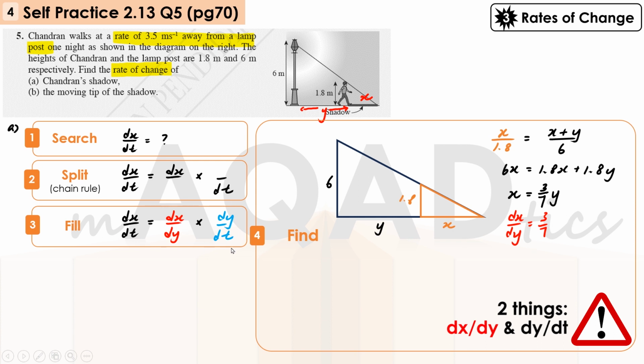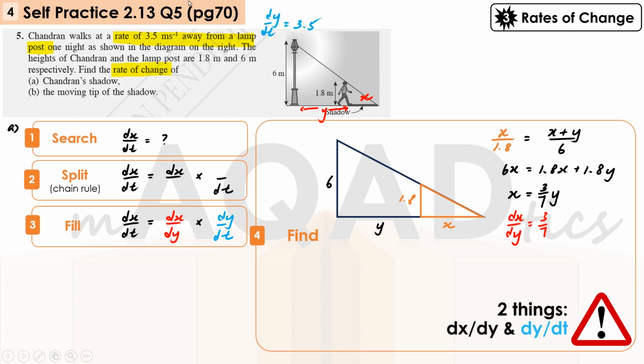The second quantity we need to find is dy over dt, the rate of change of the distance from the lamppost to Chandran. So what is the change for every second for y? We already know this from the question. It says Chandran will walk away from the lamppost at 3.5 meters per second. So it will become longer and longer. So this is actually the rate of change of y.